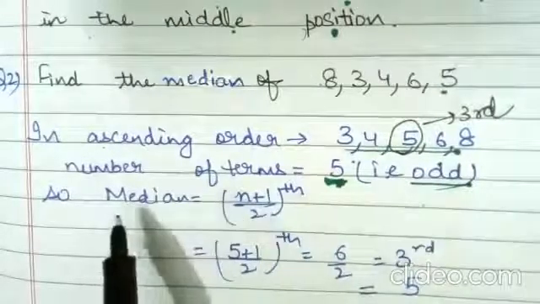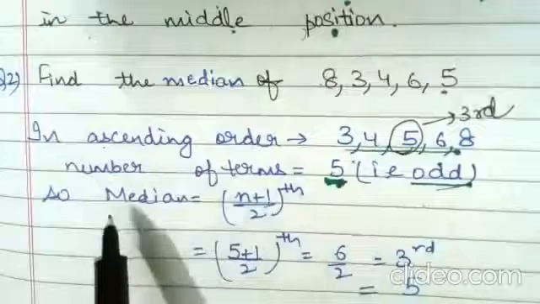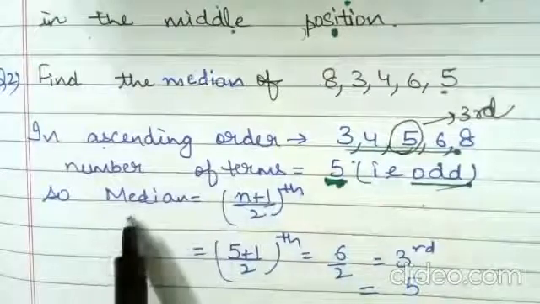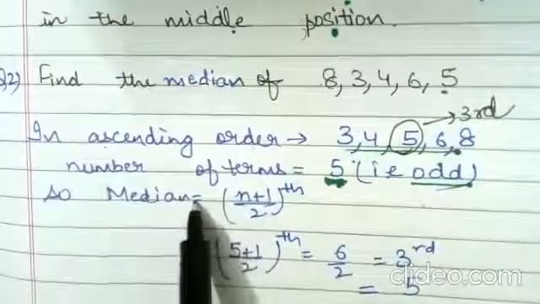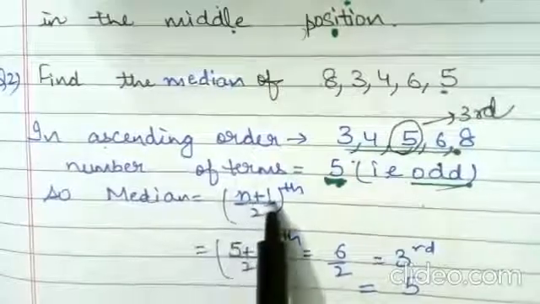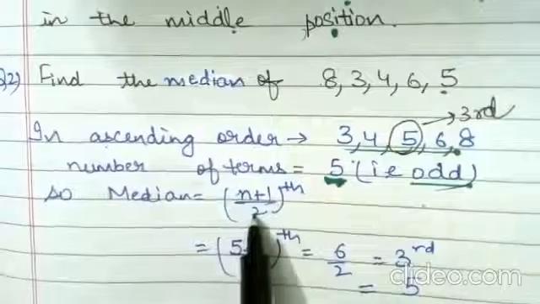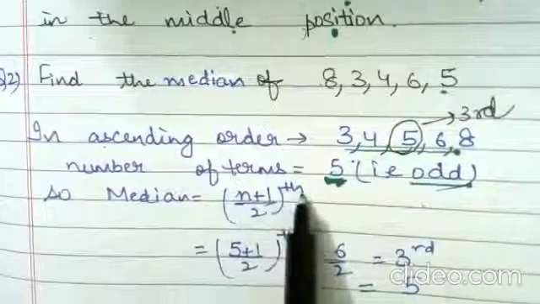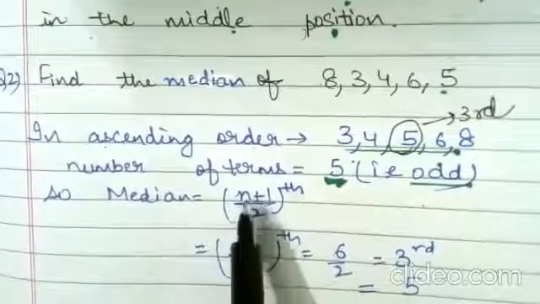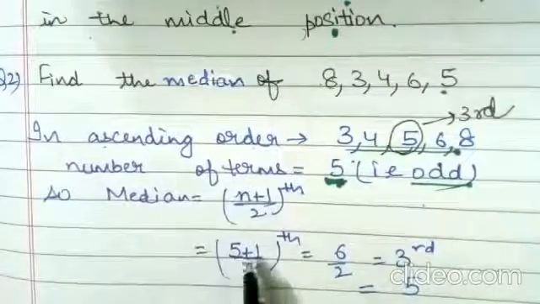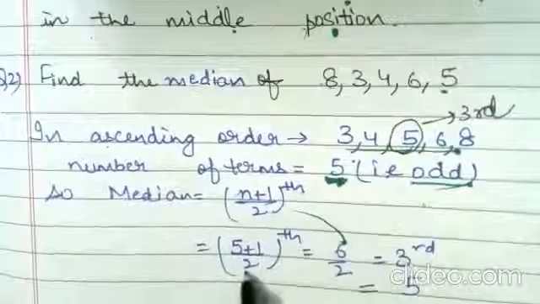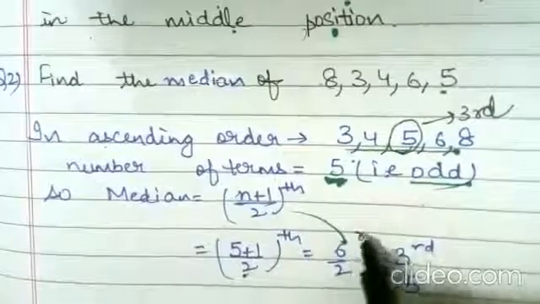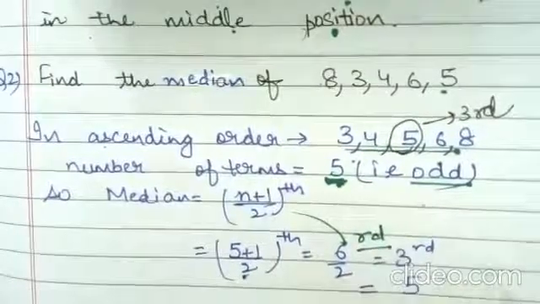So now the formula for odd observations: median is equal to (n plus 1) whole upon 2 th. Now what is n? That is 5. 5 plus 1 gives you 6, upon 2, that is the third.